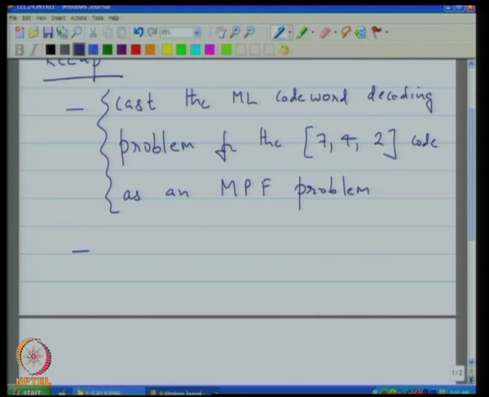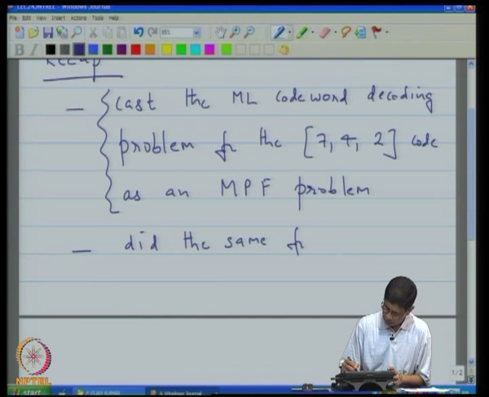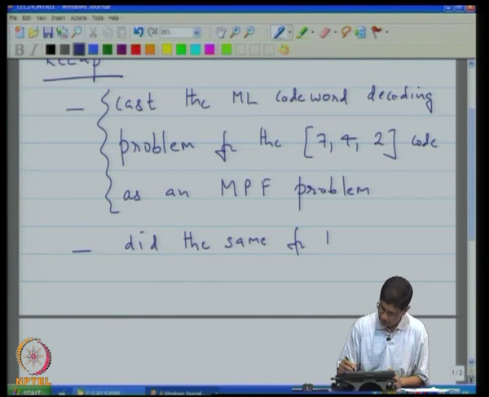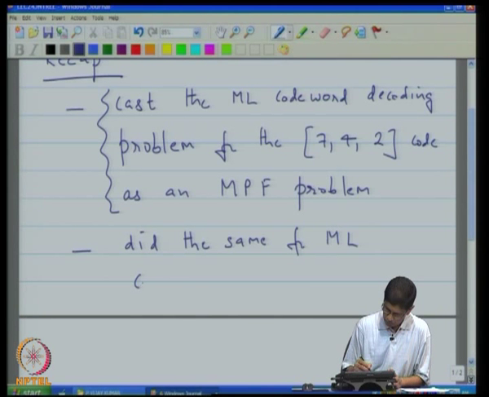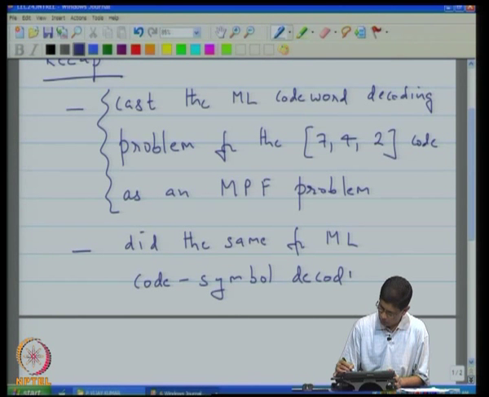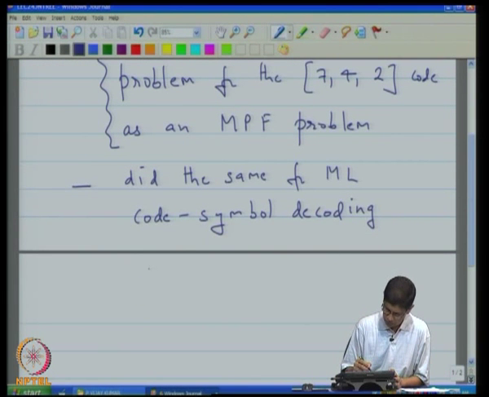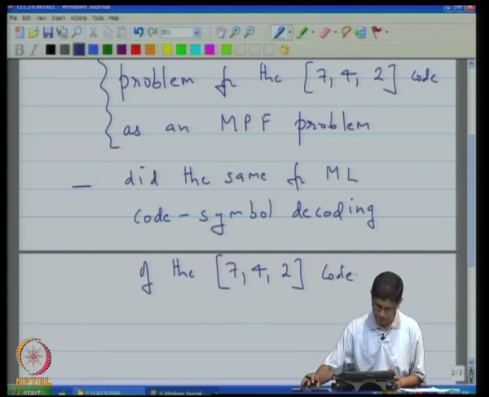The next thing that we did was the same for maximum likelihood code symbol decoding of the same 742 code.